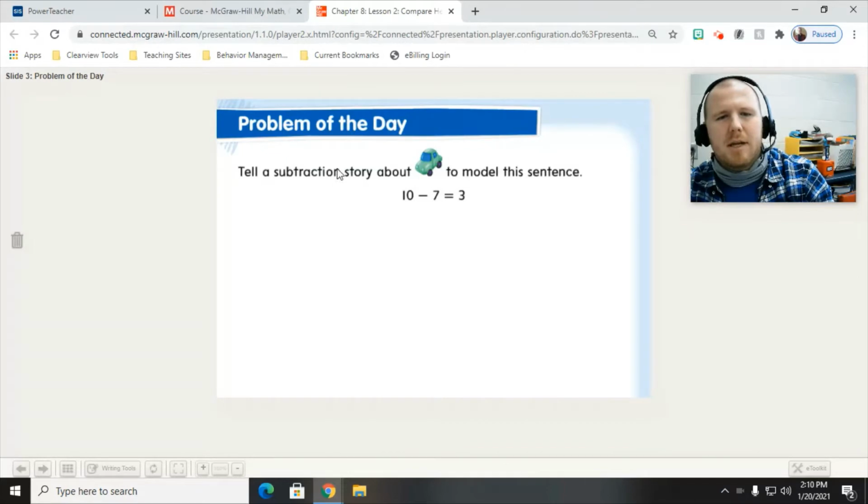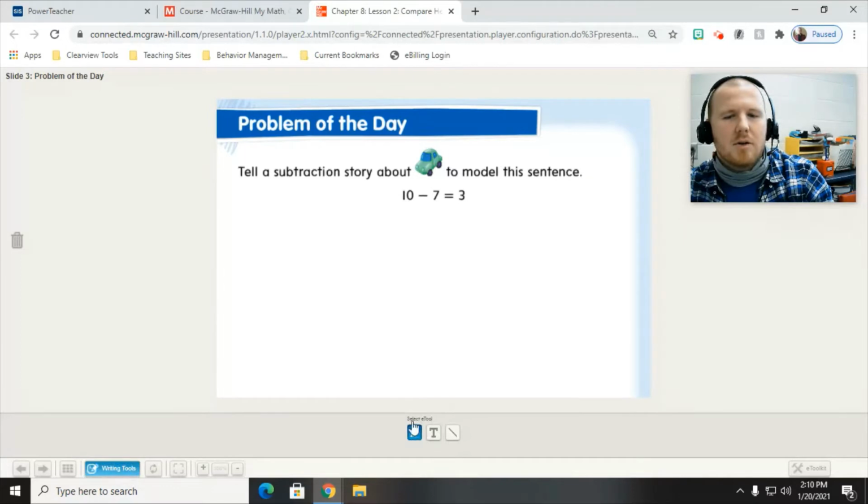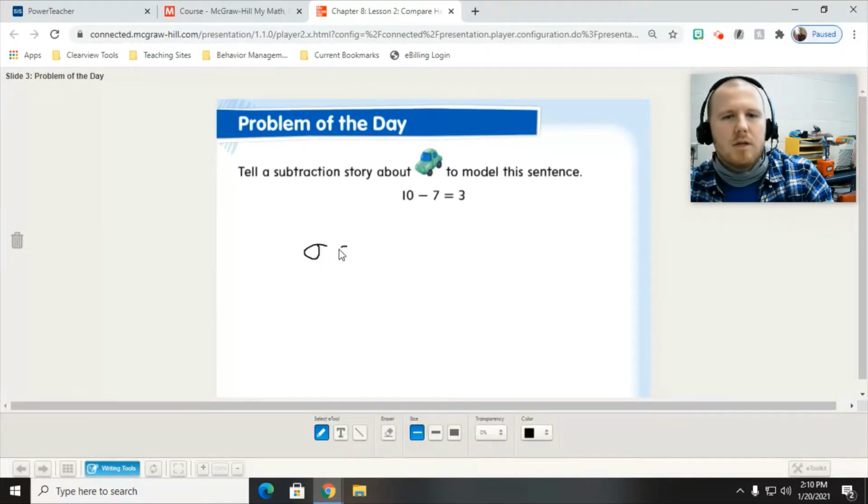Oh, problem of the day. A subtraction story about cars to model this sentence: 10 minus 7 equals 3. Well, I think you could do that, but instead of drawing fancy cars, I'm going to draw little wheels. 1, 2, 3, 4, 5, 6, 7, 8, 9, 10.